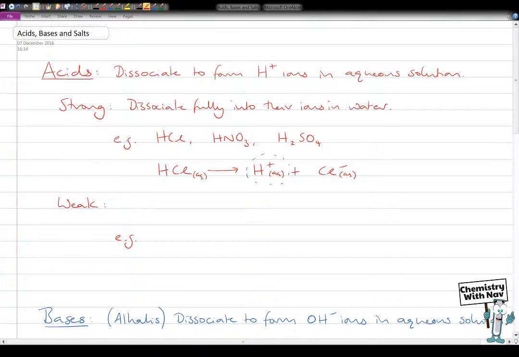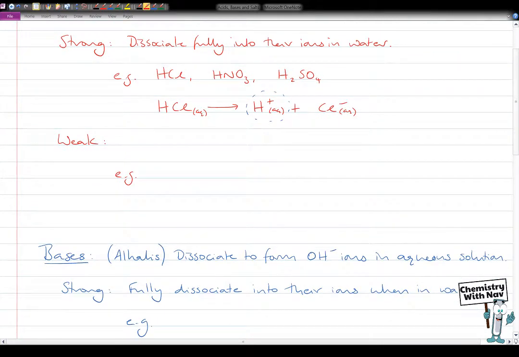A weak acid, on the other hand, will only slightly dissociate into its ions. These are quite typically written as HA, that sort of generic description of a weak acid. But a more specific example would be ethanoic acid, which is CH3COOH.